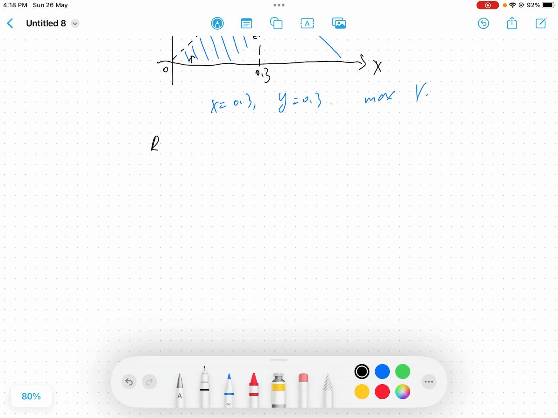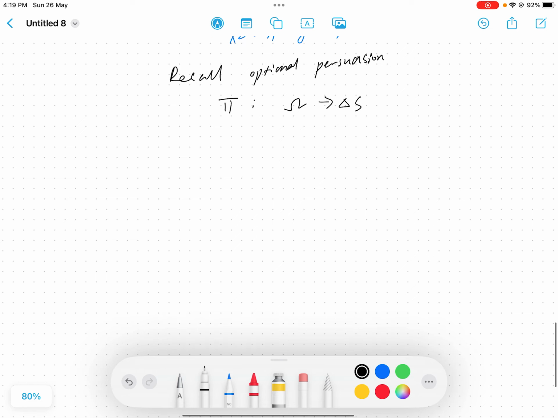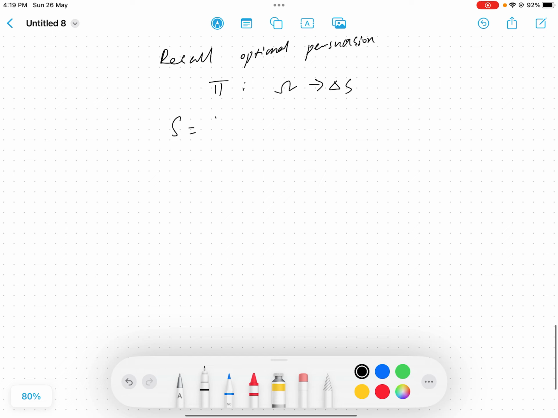So we just recall that. In the optimal persuasion, pi is a map from omega to delta S, right? The S includes g and i, and we just write those pi again for us to compare, okay?